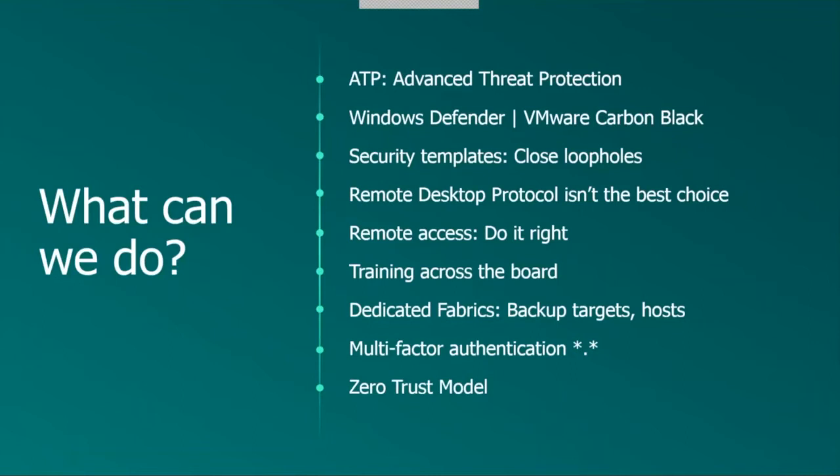But then again, we still know that unfortunately things still happen. So that's where you have to take note of what redundancy we have. There are a couple of things at the bottom over there, like dedicated fabrics. There's this thought process of getting away from a single domain, meaning that, for example, if you have a backup network, create a backup network, and the backup network could be further subdivided into a communication network and a data transfer network, a specific protocol, or a separate network connecting Veeam with ExaGrid.